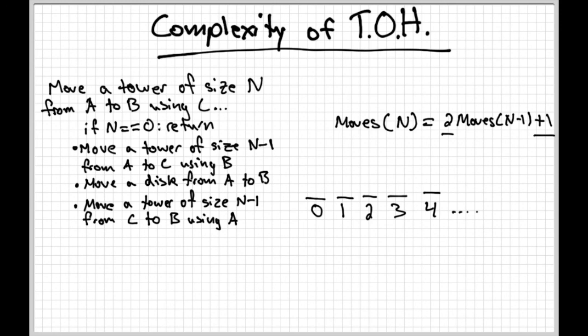So our trivial case, a tower of size 0, obviously 0 moves. For a tower of size 1, we would take 2 times the number of moves needed for the previous size, which is 0. So 2 times 0, and then add the 1, we get 1. That's consistent with what we saw. Tower of size 2 would be 2 multiplied by 1 plus 1, which gives us 3.